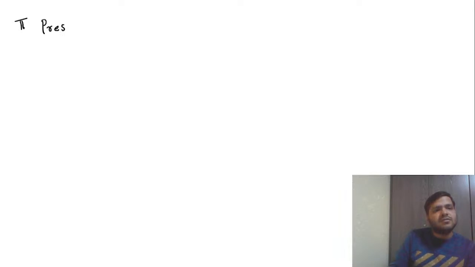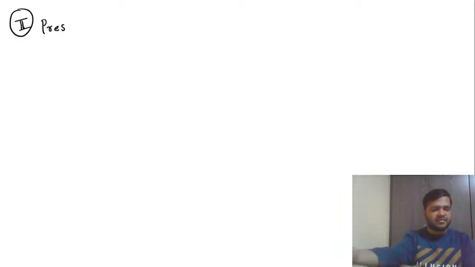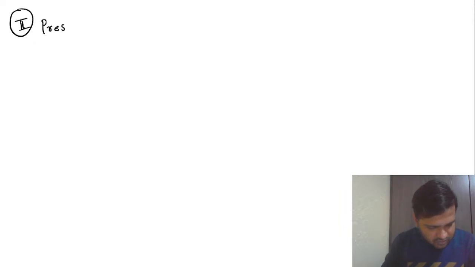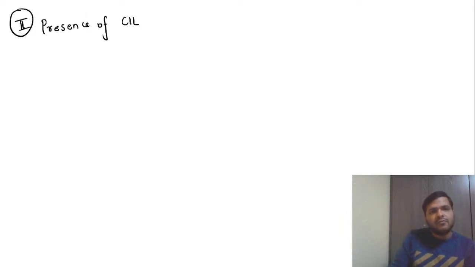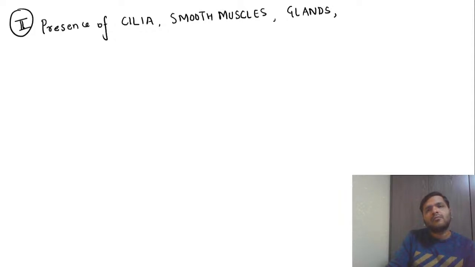Now we are going to discuss the second topic of respiratory physiology. We have the presence of cilia, smooth muscles, glands, and cartilage in the airways.